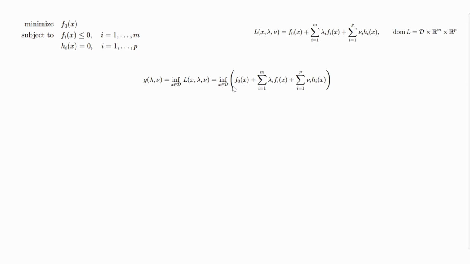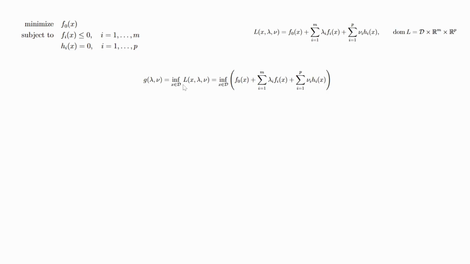So it's the minimum of this value you can take over x in the domain. But notice that g is a function of lambda and v only. We've minimized out x. If the Lagrangian is unbounded below in x, then g(lambda, v) is negative infinity.